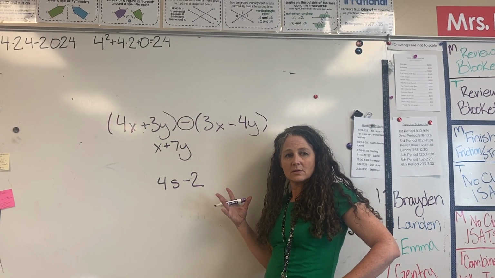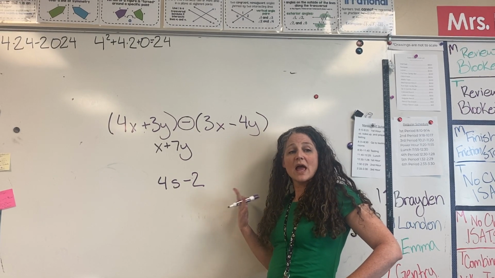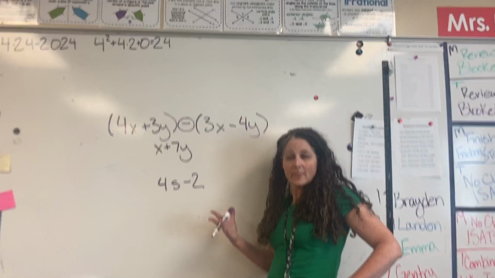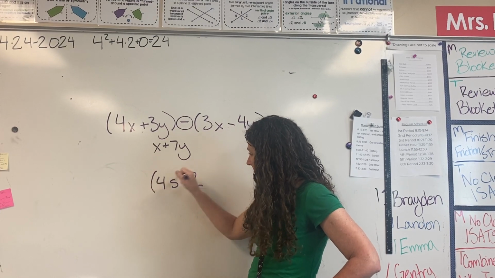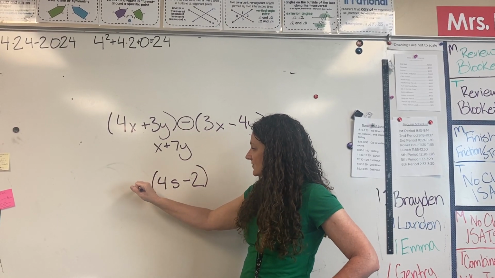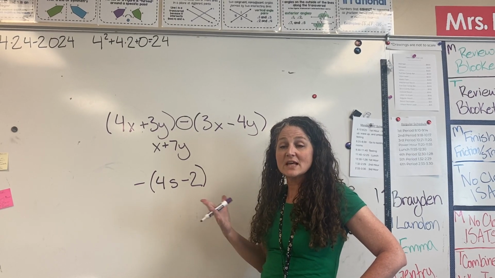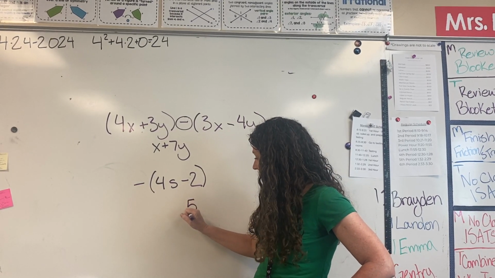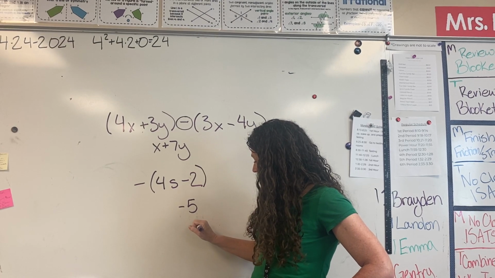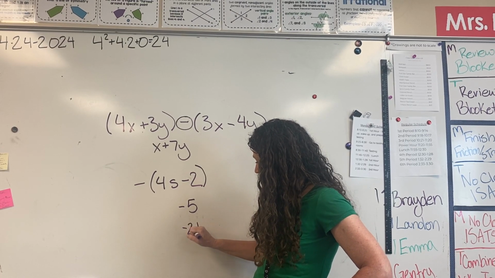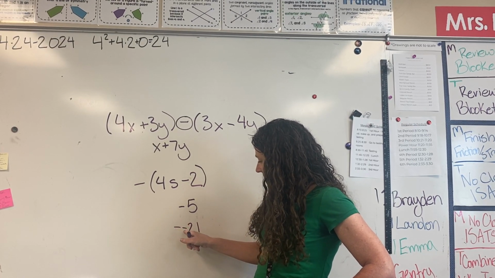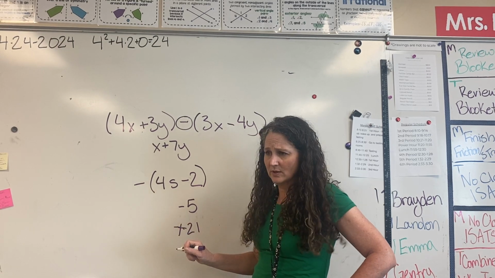When we have the opposite of something, we can put a negative sign in front, and there we have the opposite. What's the opposite of 5? Well, negative 5. What's the opposite of negative 21? Well, negative 21, and then it becomes positive 21.